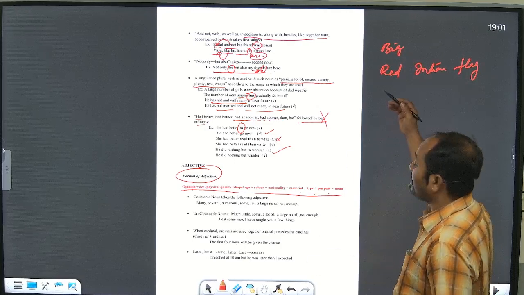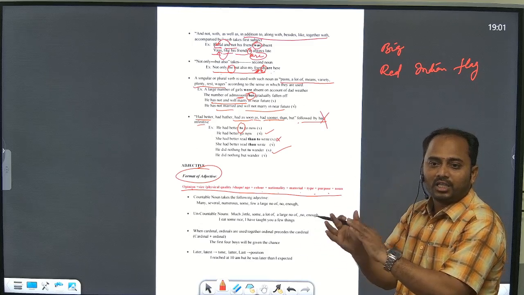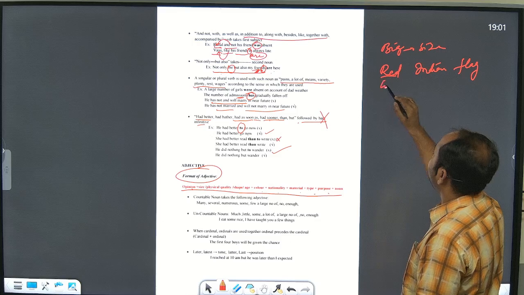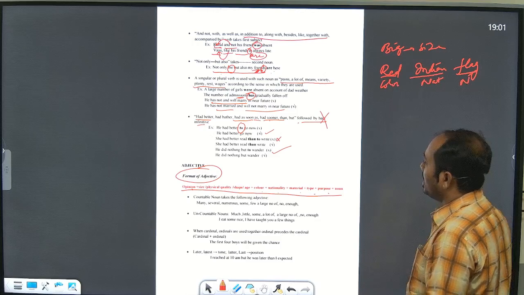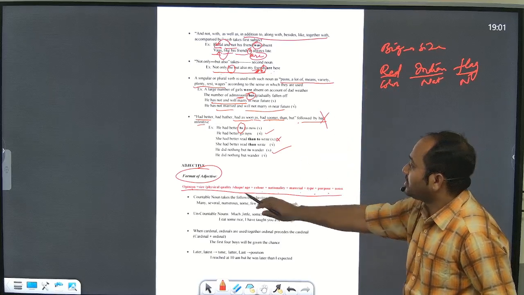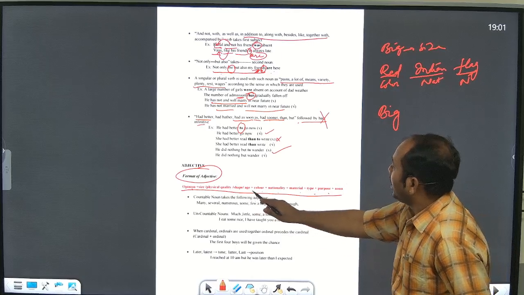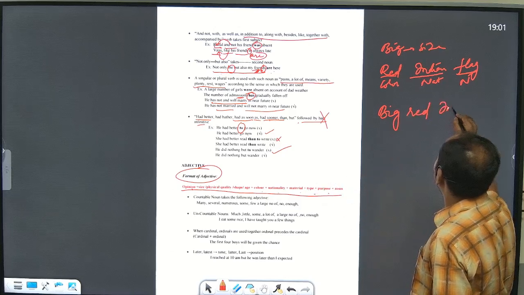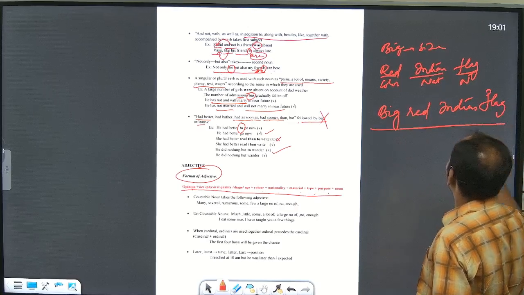See, big indicates size, red indicates color, Indian indicates nationality, flag indicates noun. As per this order, first opinion is not mentioned. Next size, so first we should add size. Next shape, color is mentioned. Next nationality, Indian, flag. This is a big red Indian flag.